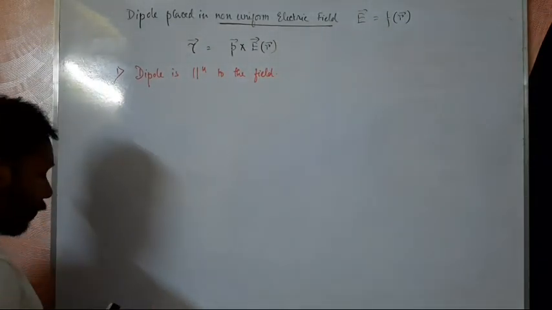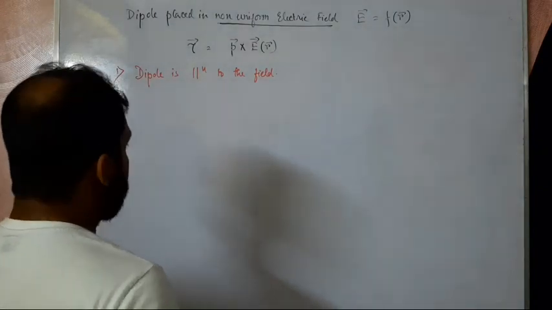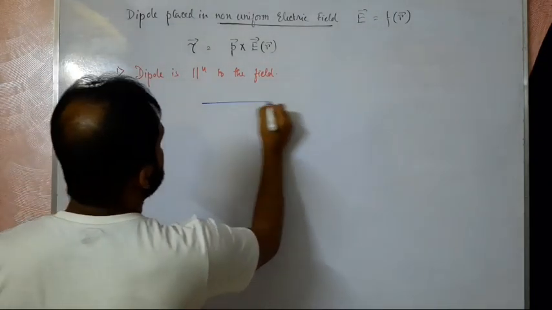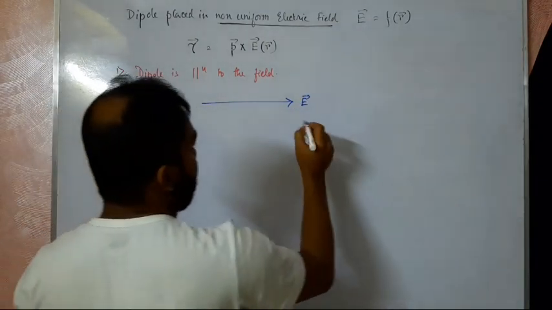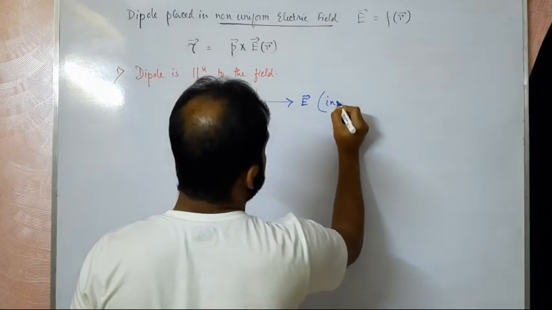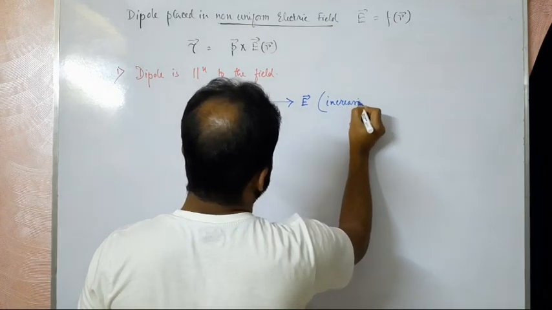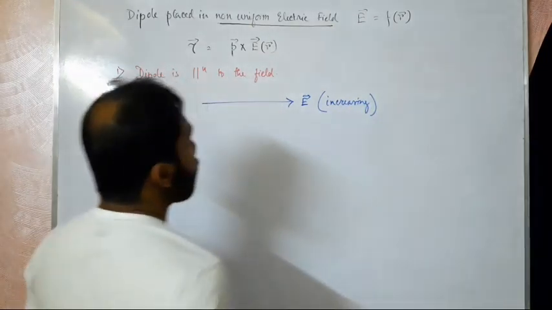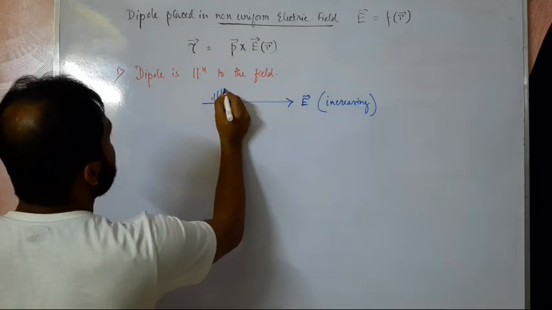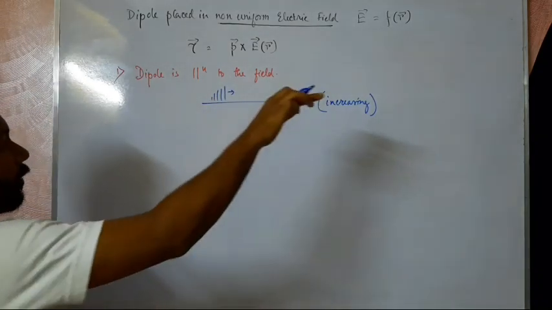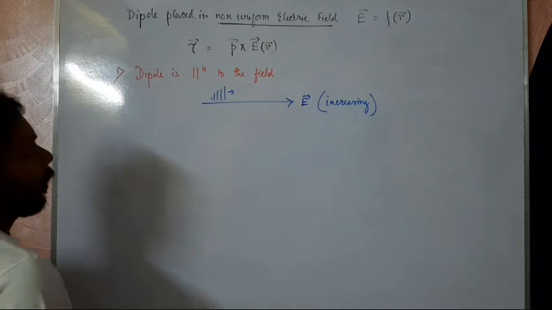Then what will happen? Let's see. Suppose this is the direction of the electric field and this is the direction of increasing electric field. That means the electric field is increasing in that direction.